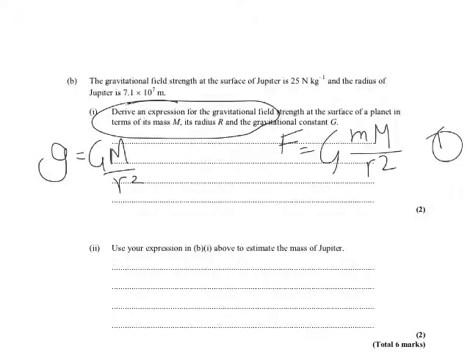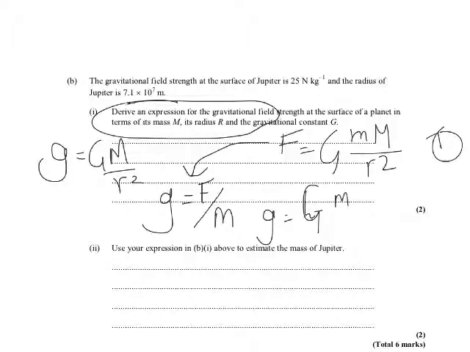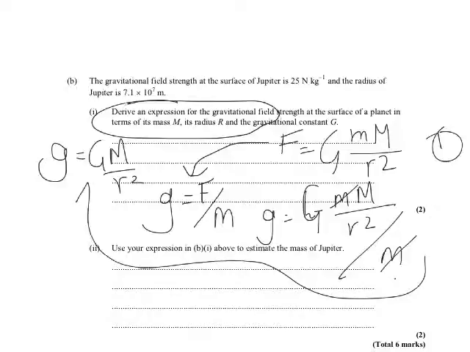And then we need to think, okay, the definition of gravitational field strength equals force per unit mass. So if we substitute this expression for force into here, we end up with g equals big G M times m over r squared, over m. These cancel out, and you end up with your final expression here.